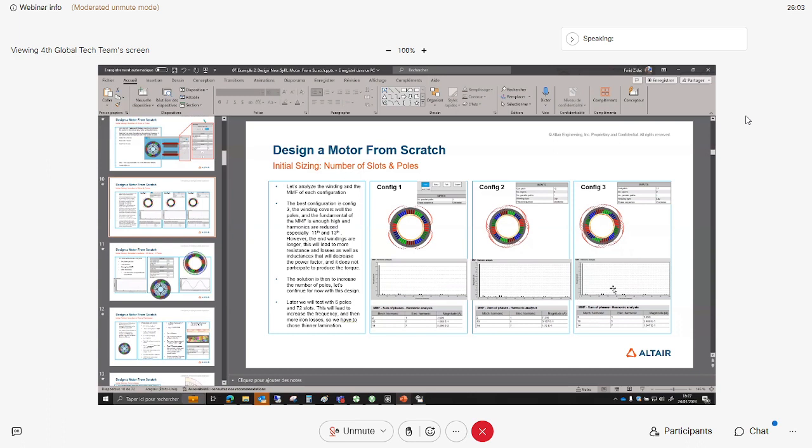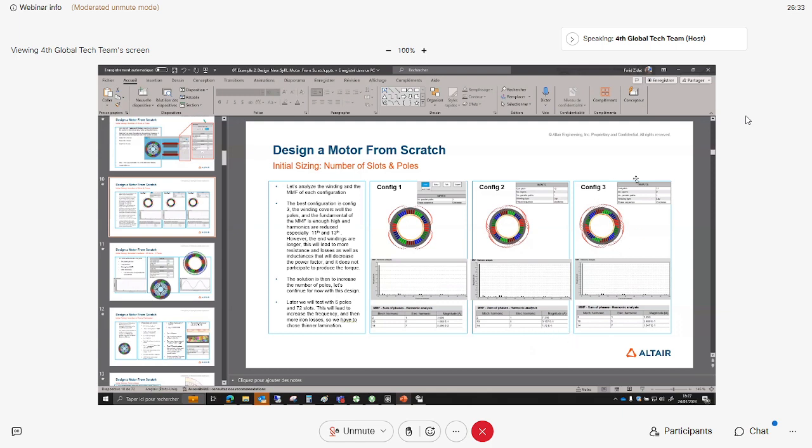And then I have to select the harmonics and have a look at the tables. So let's compare them. Here, as you can see, configuration 2 has a higher fundamental, but harmonic 5 is quite a bit higher than the other one, right?